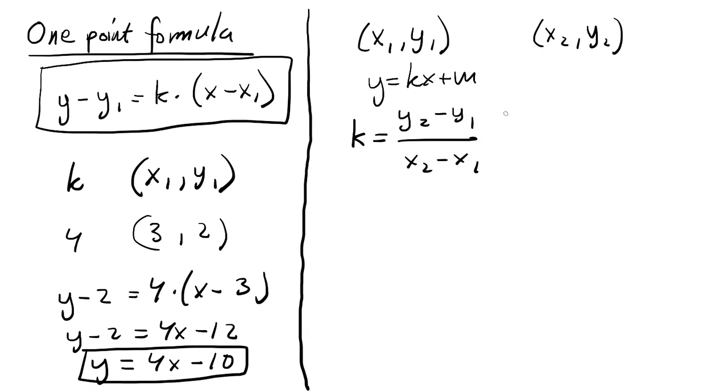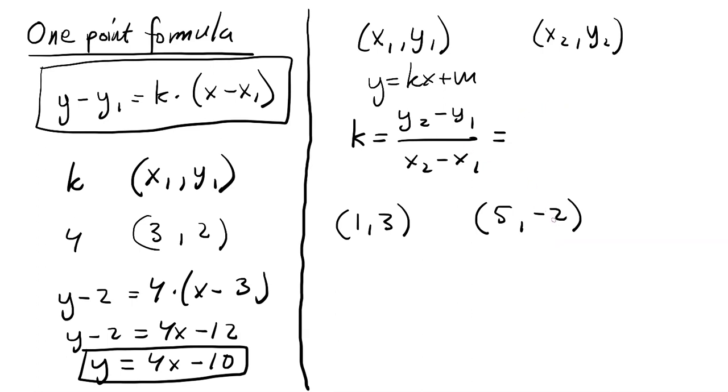So if we have 2 points, we can calculate k using this formula, or definition if you like. Okay, so let's say we have 2 points here now. We have (1, 3) and (5, -2). So what will be k then?